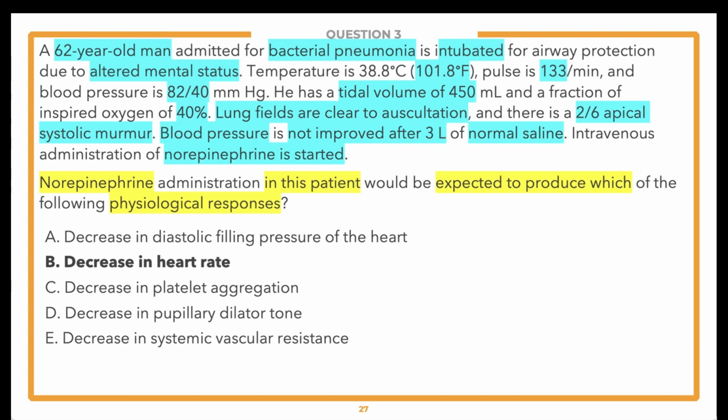So what happens in septic shock is that bacteria will release these toxins and antigens, and that's going to provoke this systemic inflammatory response. And as a result, you're going to have significant vasodilation systemically, which is why that blood pressure is as low as it is, right?